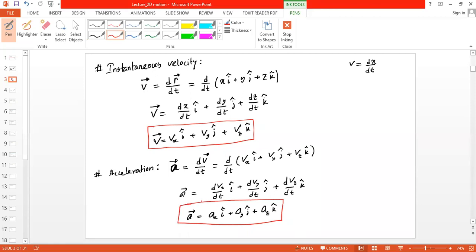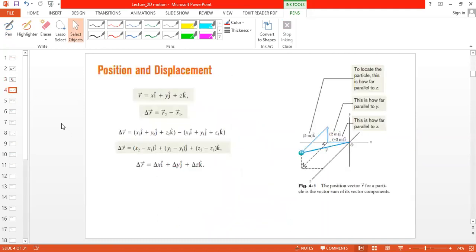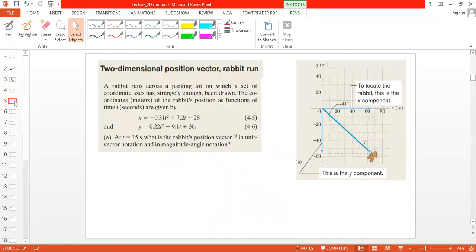Okay, so in today's lecture, we are going to use these two relations to find the expressions for velocity and acceleration. Let's try some math that will clear our concept. This problem is about a rabbit run.